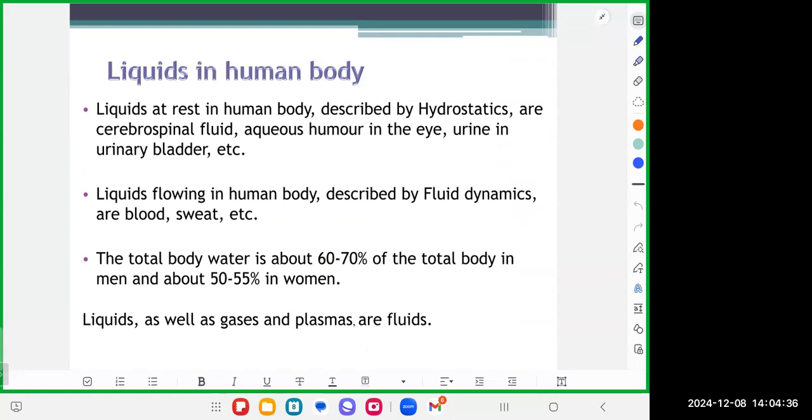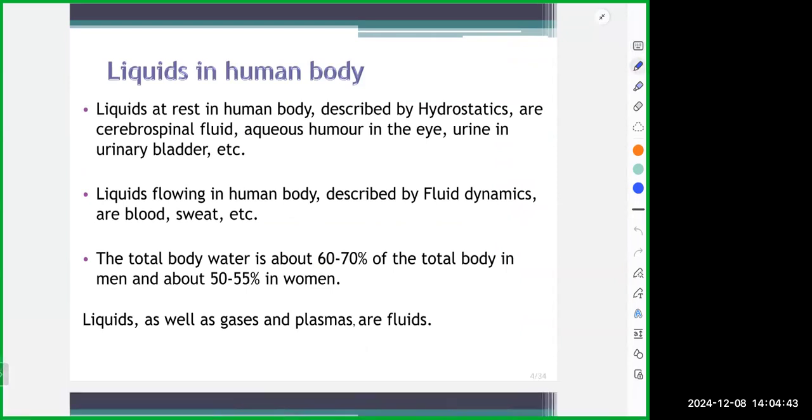We could use the term hydrostatic to describe it, because hydro means water, and static is like stay still, like a stop, pause, something that doesn't move.